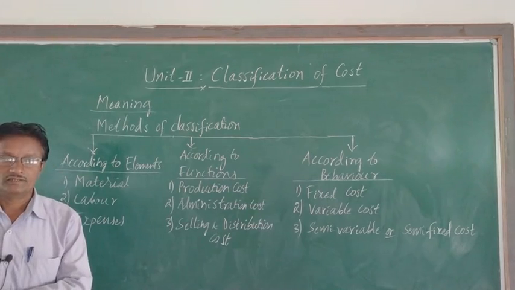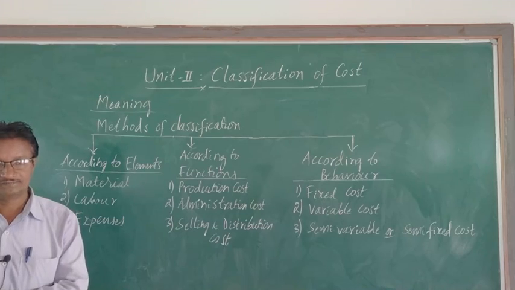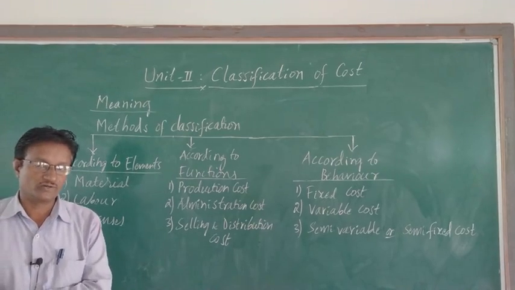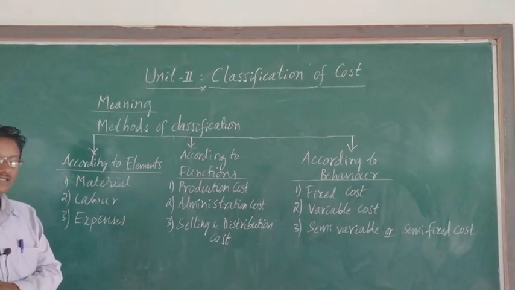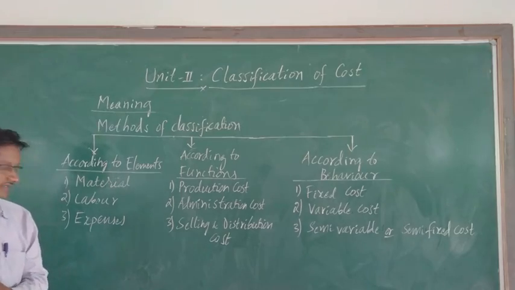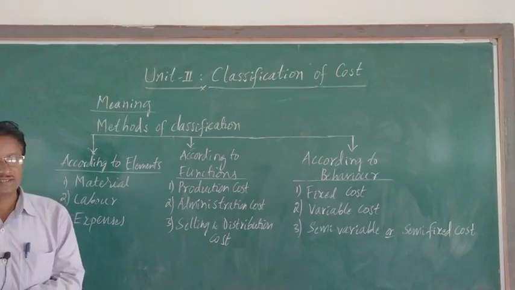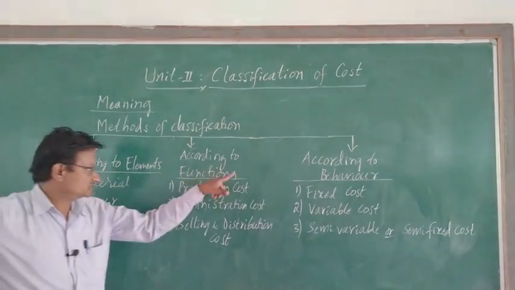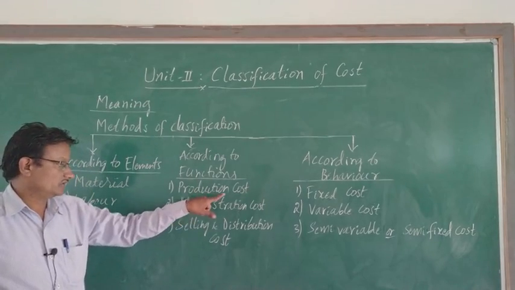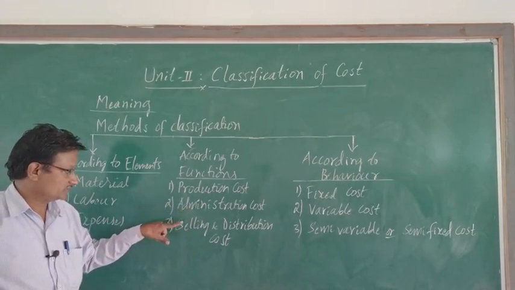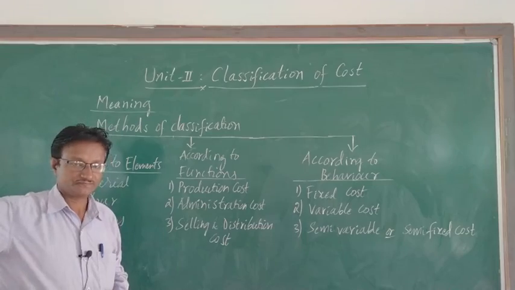When cost is classified according to elements, there are three types of costs, that is material cost, labor cost, and expenses. When cost is classified according to functions, there are three types of cost: production cost, administration cost, and selling and distribution cost.